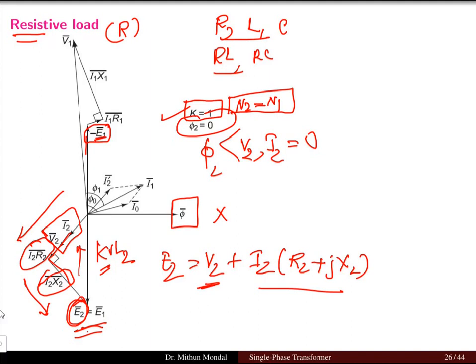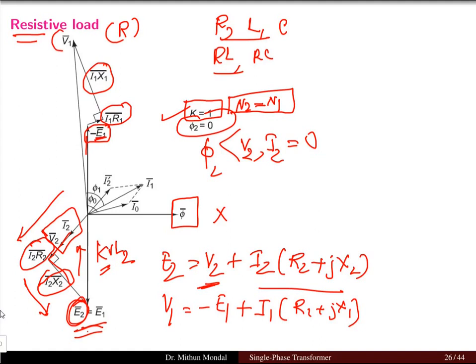So in the primary loop, we have seen that the KVL equation is V1 is equal to minus E1 plus I1 times the drop R1 plus j X1. So I1 R1 and I1 X1 represent the losses in the primary loop, and hence we are getting the voltage V1.